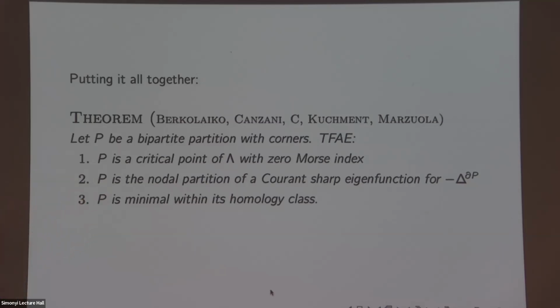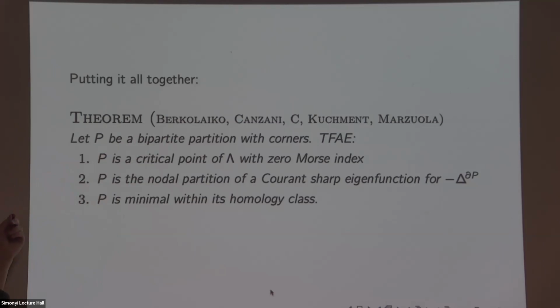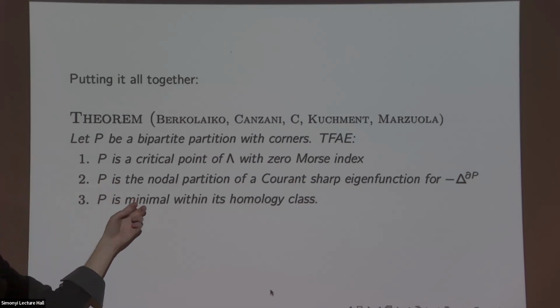So this is analogous to the result for bipartite partitions we had before. I just forgot to delete the word bipartite. So here, being Courant-Sharp isn't necessarily equivalent to being a global minimum, but it is equivalent to being a minimum within the homology class.